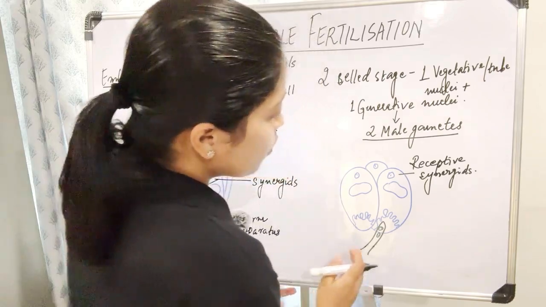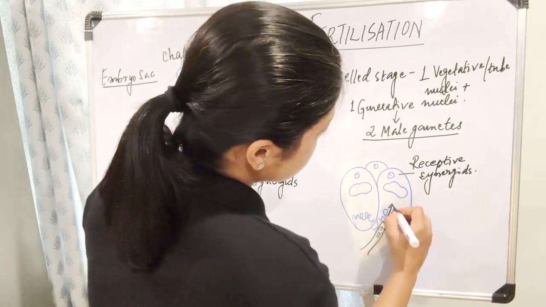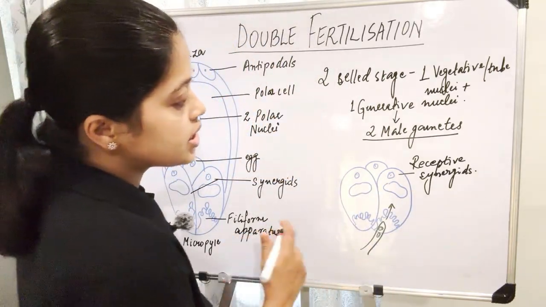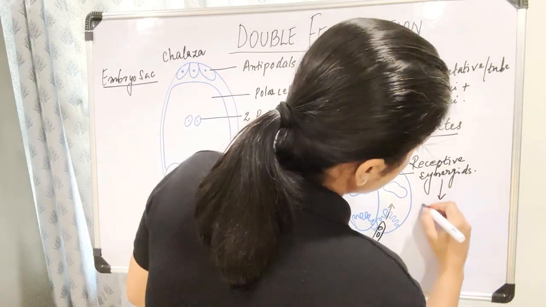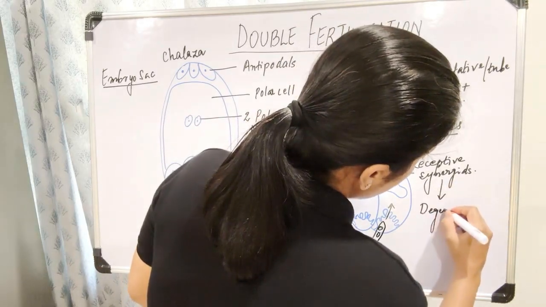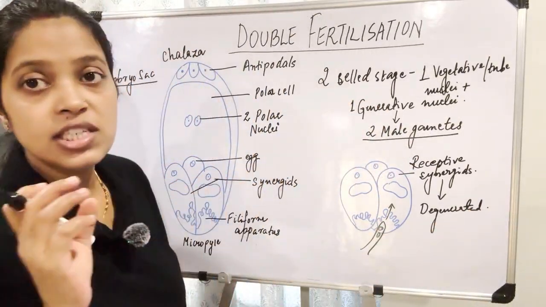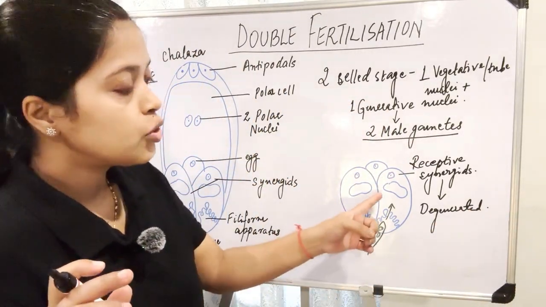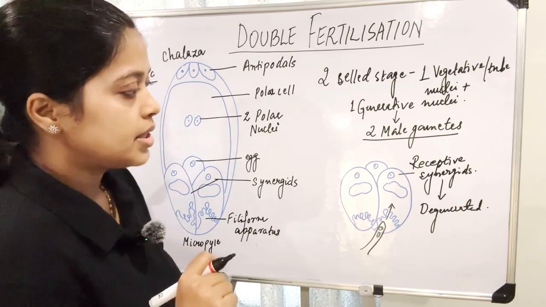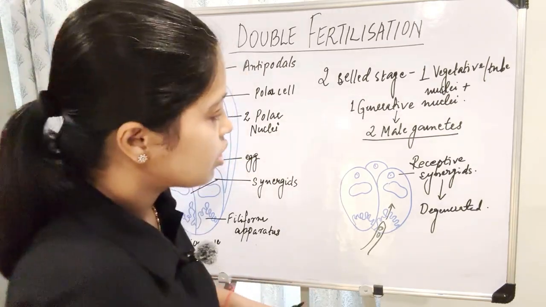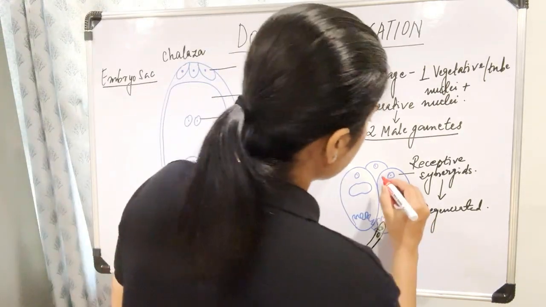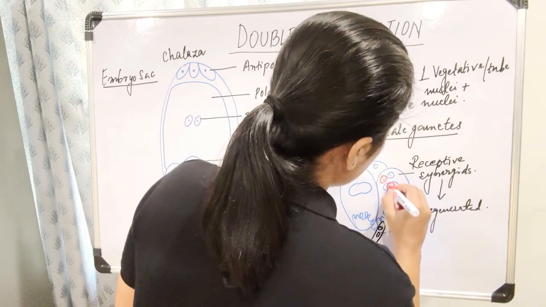The receptive synergid soon degenerates so that it creates a space for the pollen tube to release the male gametes, and with that, two male gametes are released.